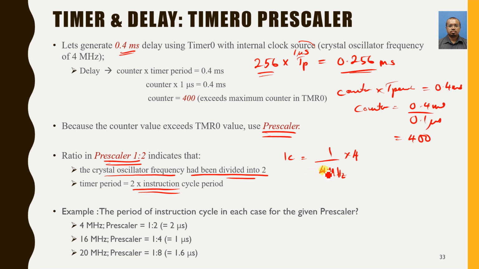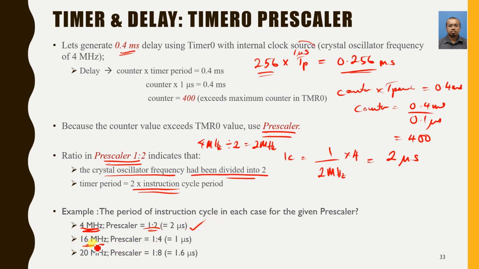For 4 megahertz, divide by 2 becomes 2 megahertz. So here, the instruction cycle becomes 2 microseconds. Initially, when it was 4 megahertz, it was 1 microsecond. So for a 4 megahertz crystal with prescaler of 1 to 2, you get 2 microseconds.